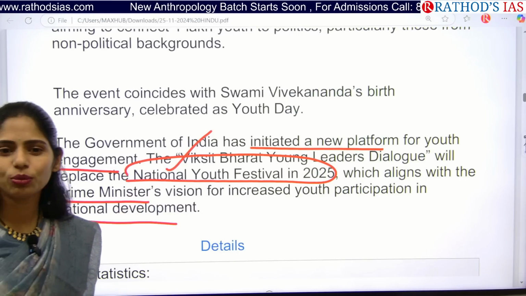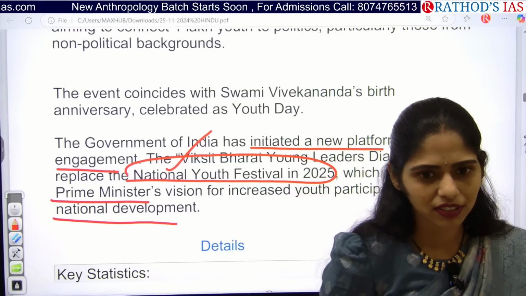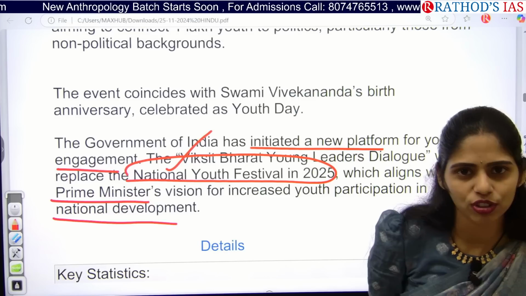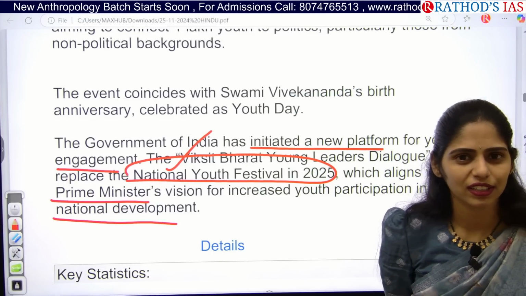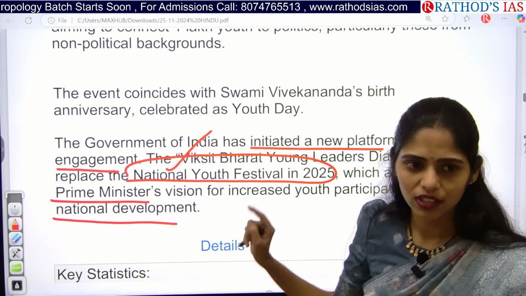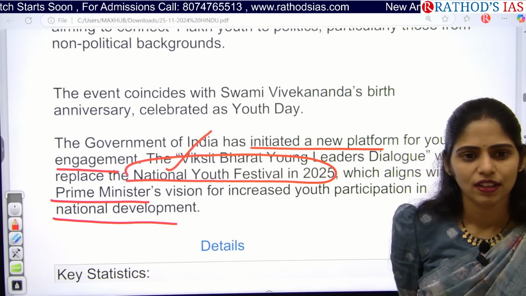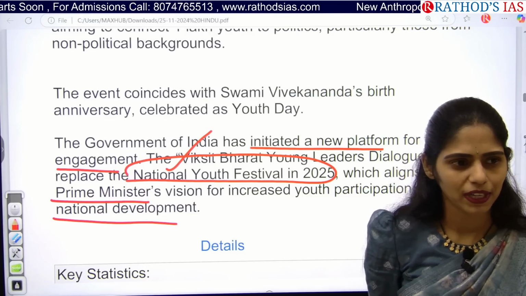Why do youth need to participate in this national development? If you go to demographics, that means the population of youth, can you give me any guess or estimate of the population that you know regarding youth? How much percentage of youth are there in India compared to the total population?